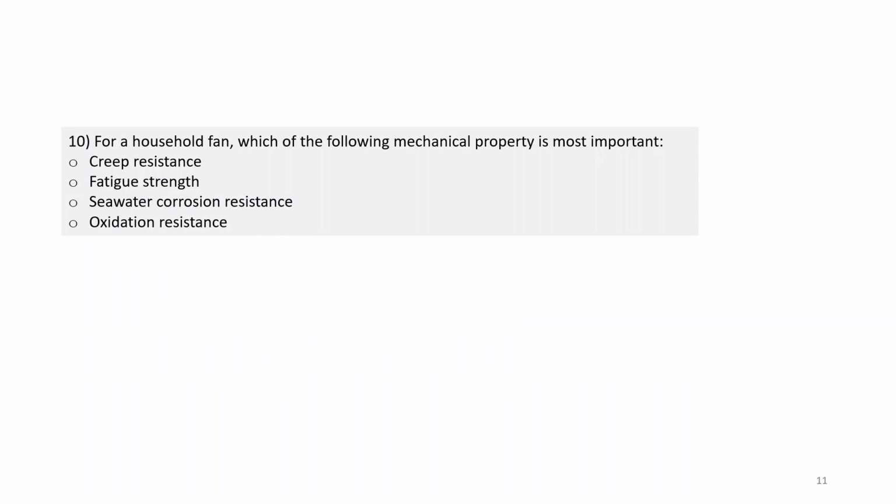Next question is, for a household fan, which of the following mechanical properties is most important? Options are creep resistance, fatigue strength, sea-water corrosion resistance, or oxidation resistance. So answer will be fatigue strength.